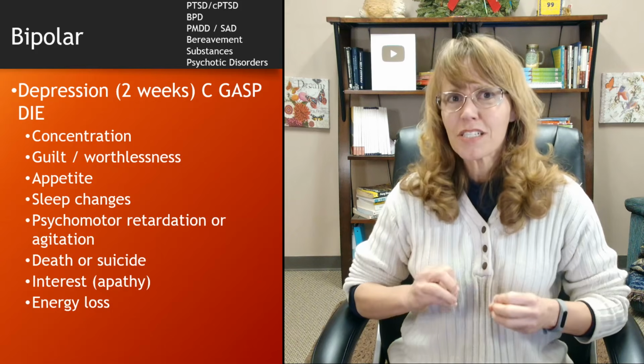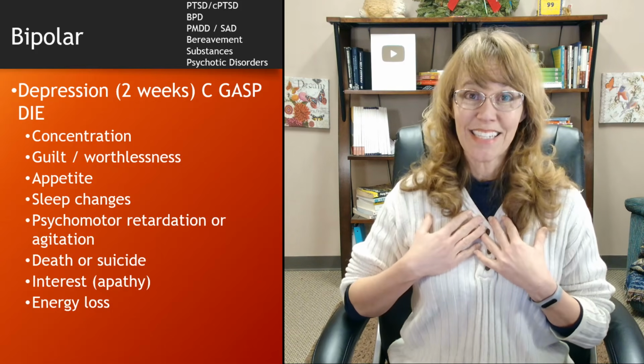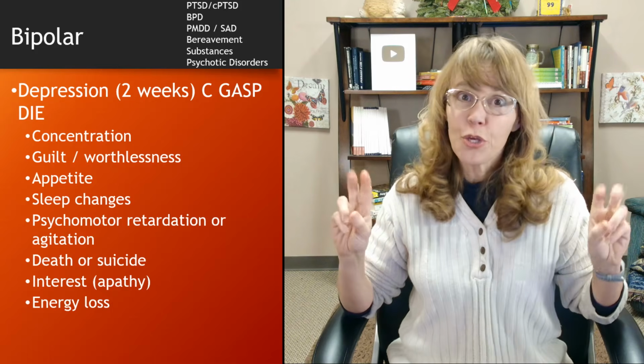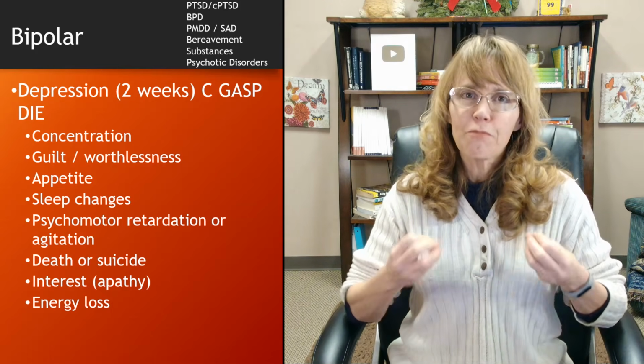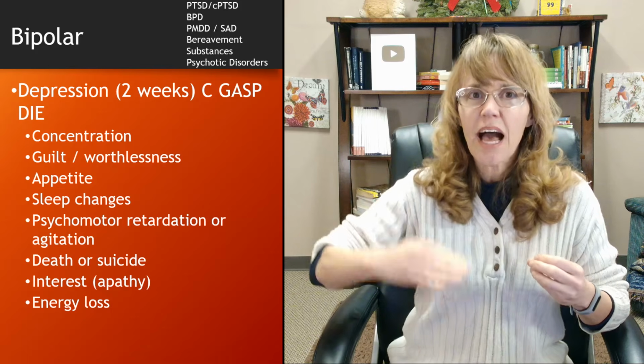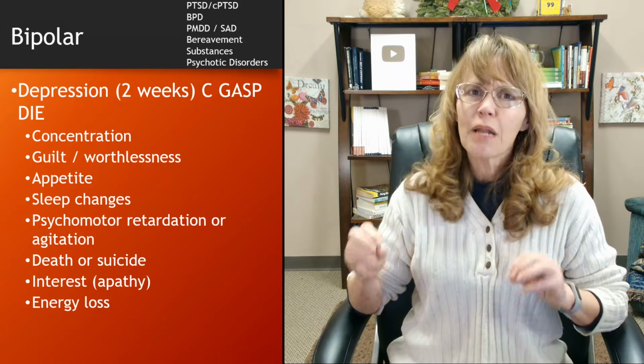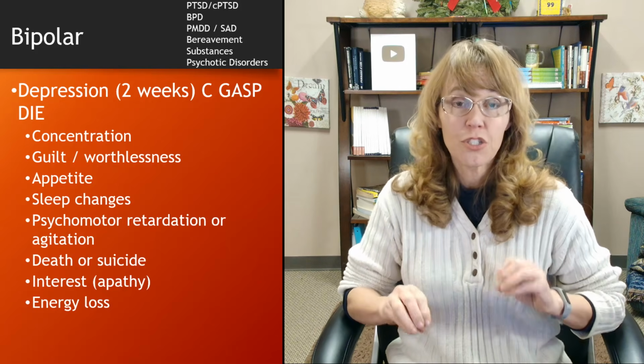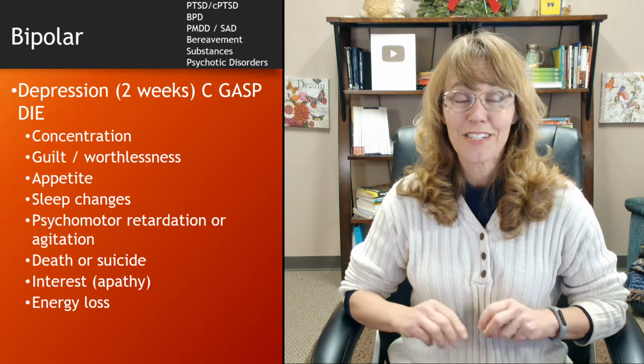Now, the research has indicated, and clinical practice has indicated, that even during those asymptomatic or euthymic periods, a lot of people with bipolar disorder still have a lot of mood lability. And we'll talk about why that is, and I'll give you a hint. It's a lot to do with HPA axis dysregulation.